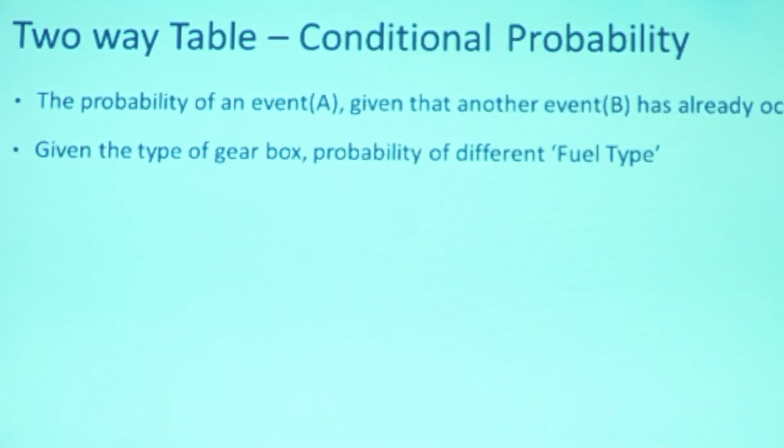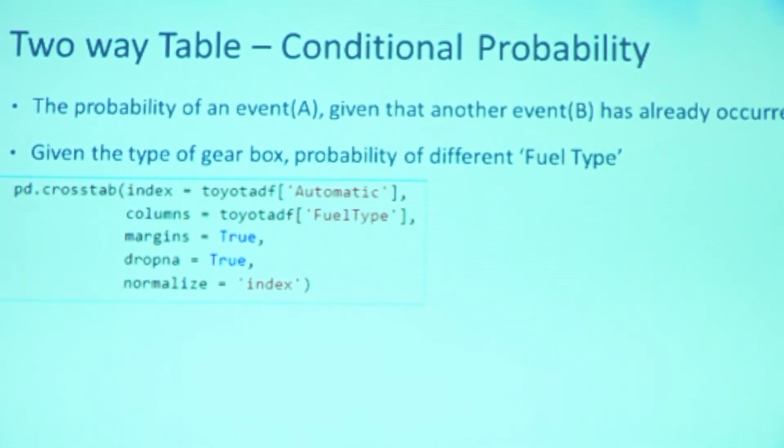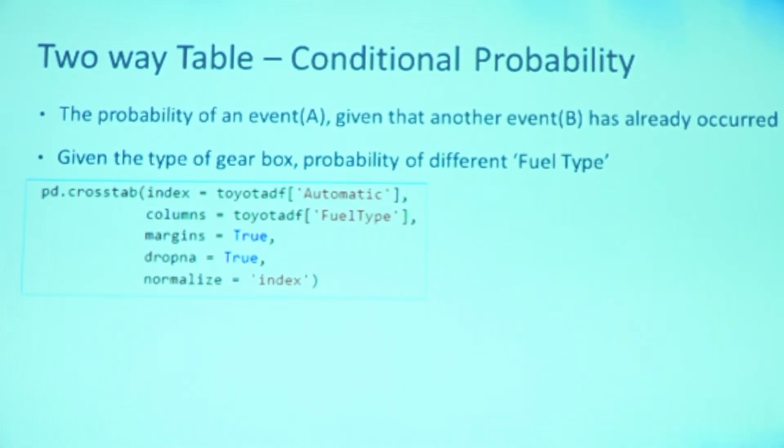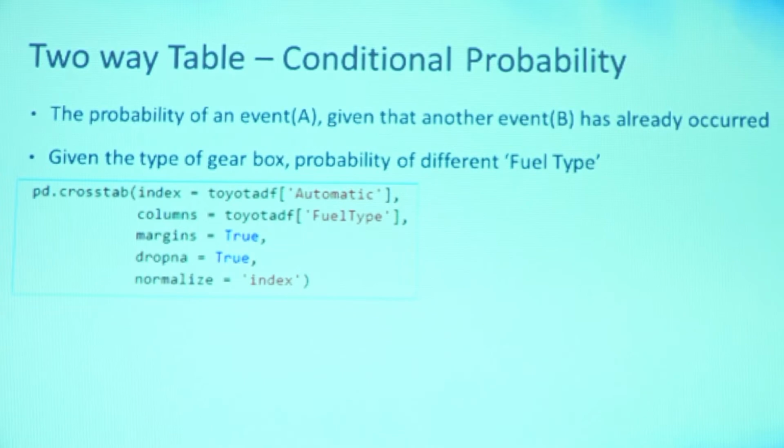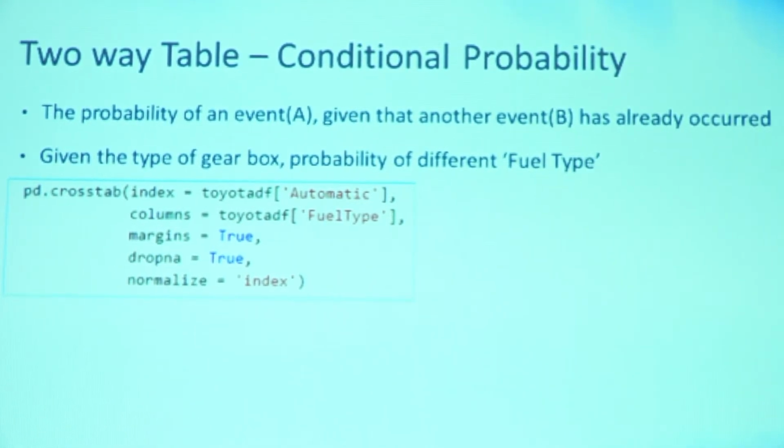Then conditional probability. Conditional probability is the probability of an event A given event B has already occurred. Definition wise, I don't think I need to elaborate much. Now, look here. Given the type of gearbox, what is the probability of the different fuel types? So the event has already occurred.